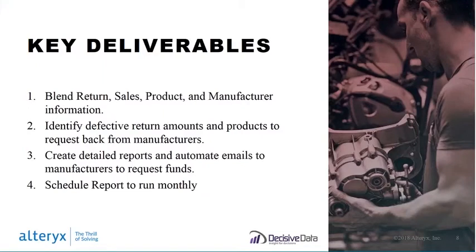We're going to blend different pieces of data that you usually garner within Excel. We're then going to identify the return amounts and the products associated with them to request back from our manufacturers. We'll create these reports and automate it. And lastly, we're going to schedule it. So we're going to go from having 3 hours of manual work to having no time off of our days.